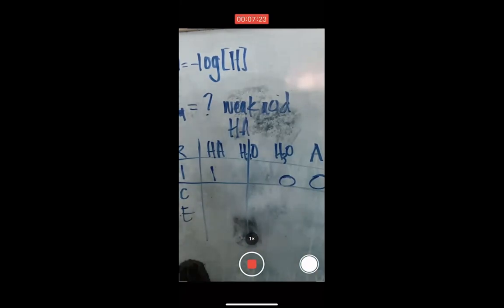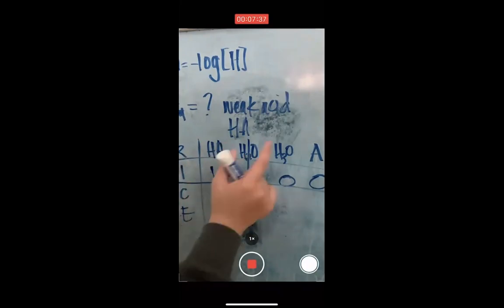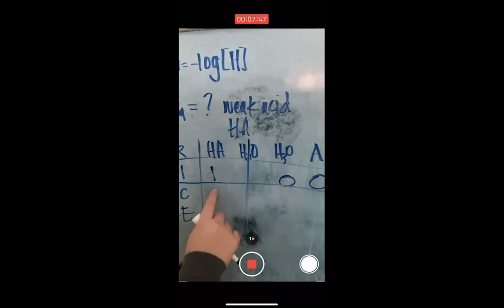Now, do we know anything about their change? Well, that goes back to the original reaction. So we look at HA plus H2O becomes H3O and A minus. If we look at it, all of their coefficients are 1. So we know they're going to be used up and made by coefficients of 1.